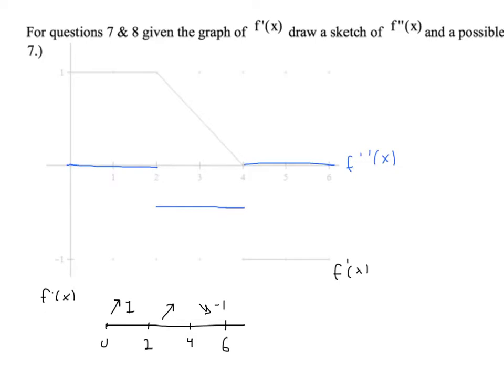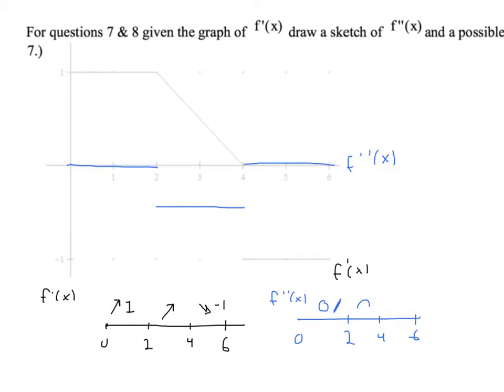My second derivative number line, f double prime: 0, 2, 4, 6. From 0 to 2, I had no concavity, so we have a straight line. From 2 to 4, I'm looking at this section here, negative, concave down.